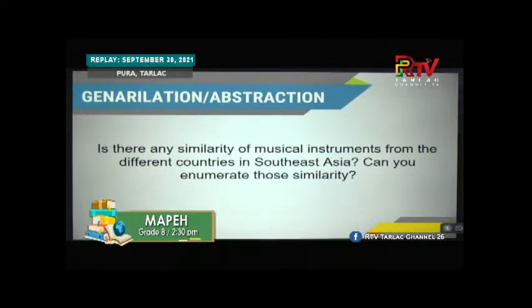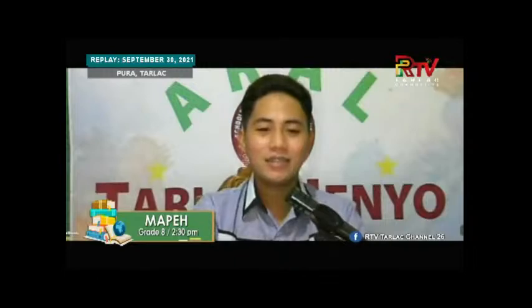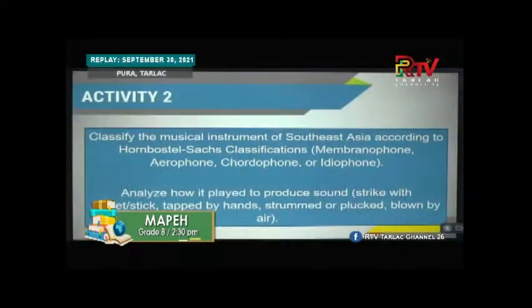Now, I want you to pay attention to the second activity in the learning activity sheet and get ready with your pen because I will assess your learning based from our lesson today. Classify the musical instrument of Southeast Asia according to Hornbostel-Sachs classifications: membranophone, aerophone, chordophone, or idiophone.